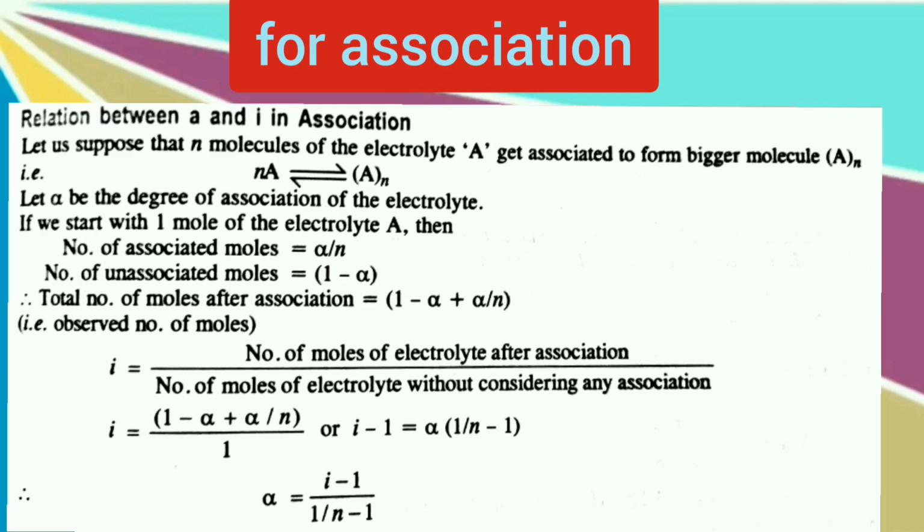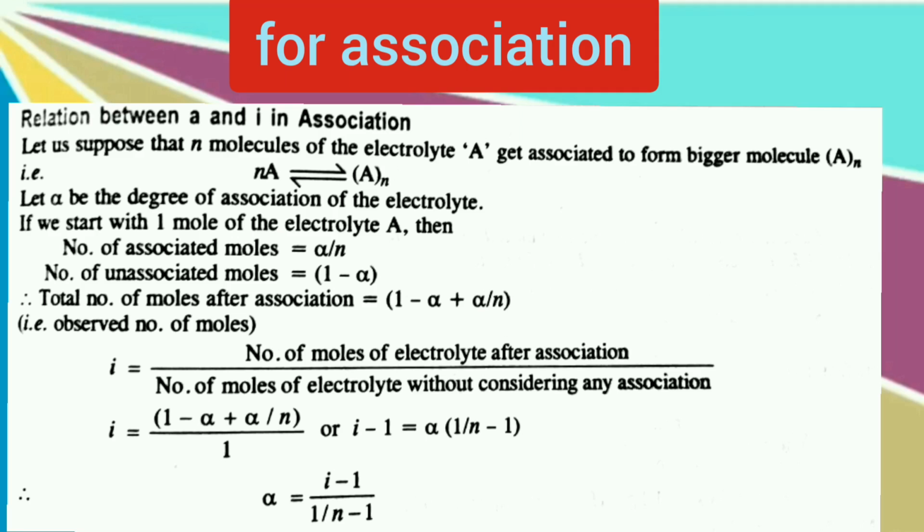Hence, total number of moles after association equals 1 minus alpha plus alpha by n. Now put the value in the mathematical formula of Van 't Hoff factor. Then finally we get alpha equal to i minus 1 divided by 1 by n minus 1.